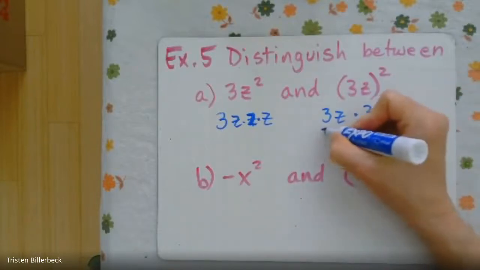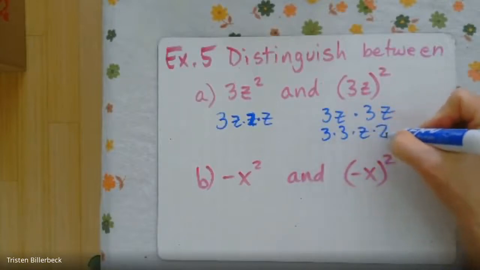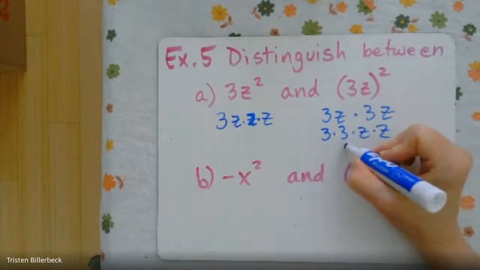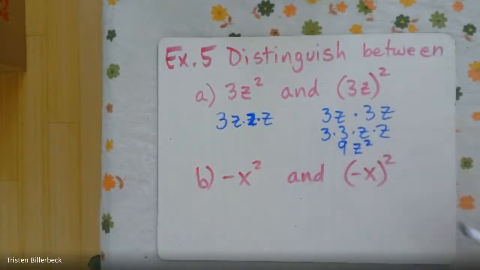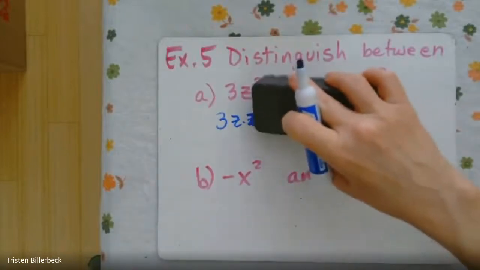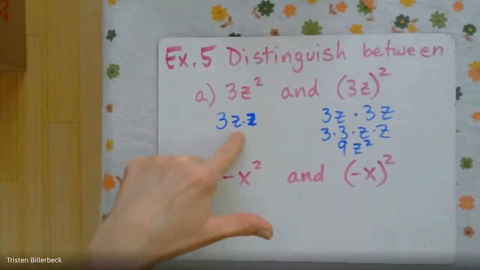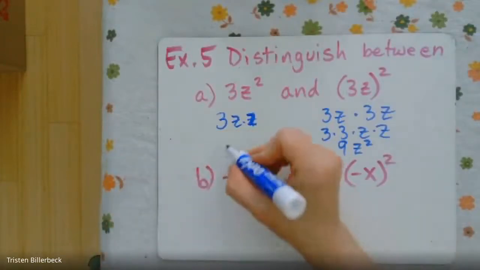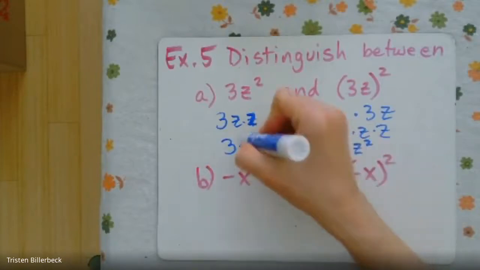So if we rearrange this, we have 3 times 3 times z times z. So this one is 9z squared. So this one is only, oops, I did an extra z, sorry. Okay, so this one is just 3z times z. So this one is 3z squared.